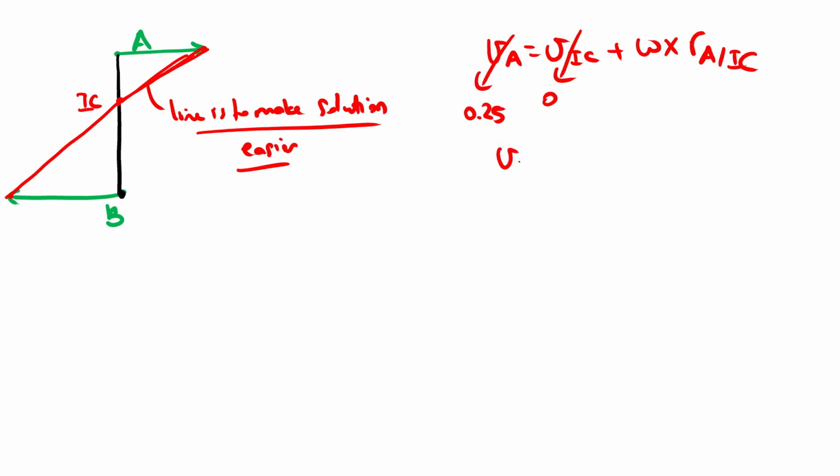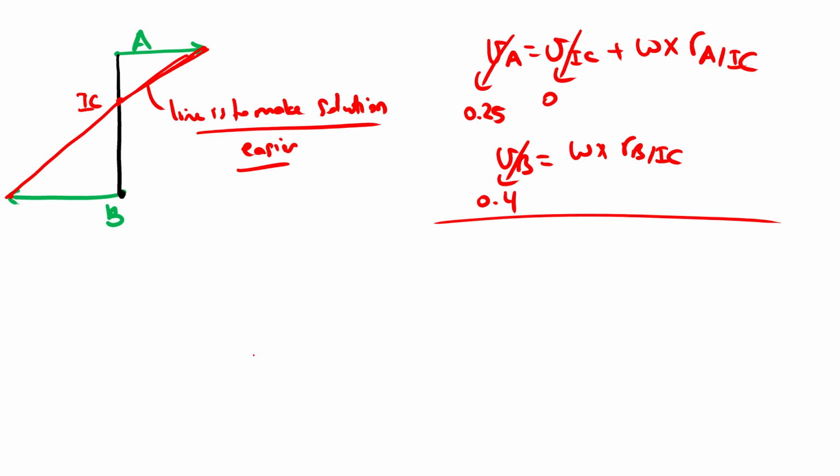Similarly, the velocity of B will be equal to omega into RBIC, and this one is 0.4. Now from here I can say that 0.25 by 0.4 will be equal to RAIC by RBIC.